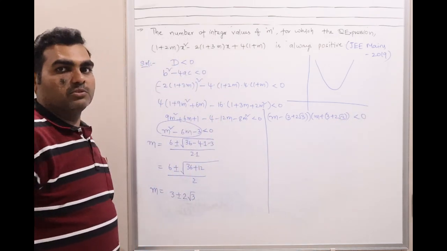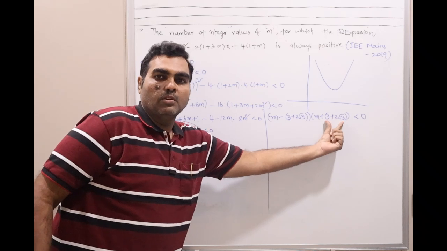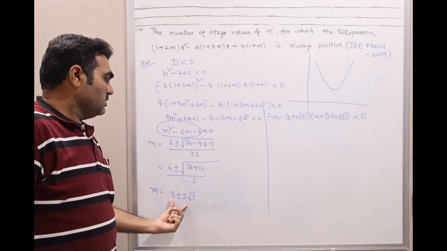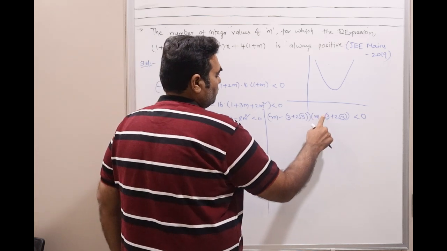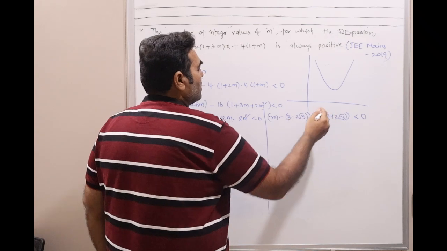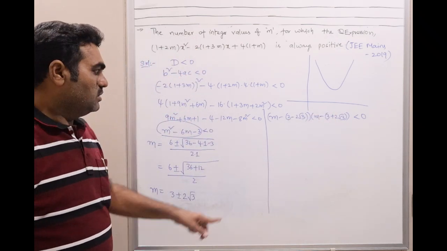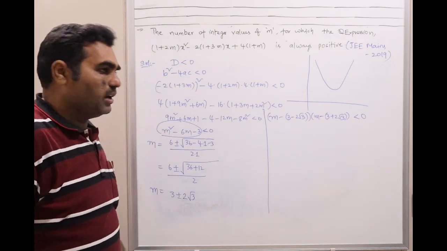I hope you got it. So these are the roots. I'm sorry, this is 3 minus and 3 plus. So m − 3 − 2√3 and m − 3 + 2√3. I hope you got it.